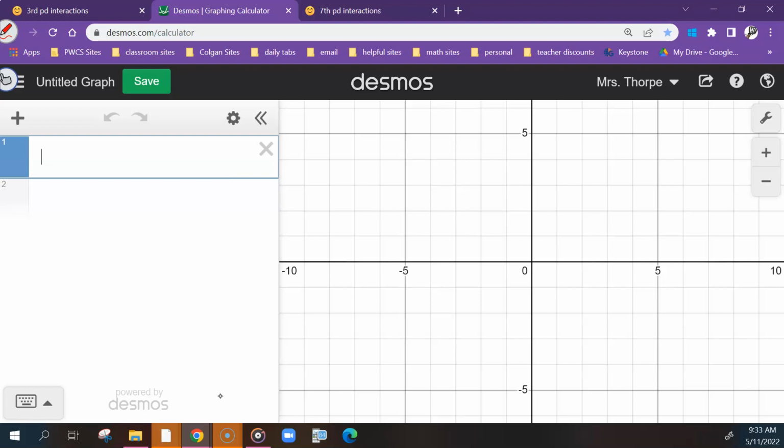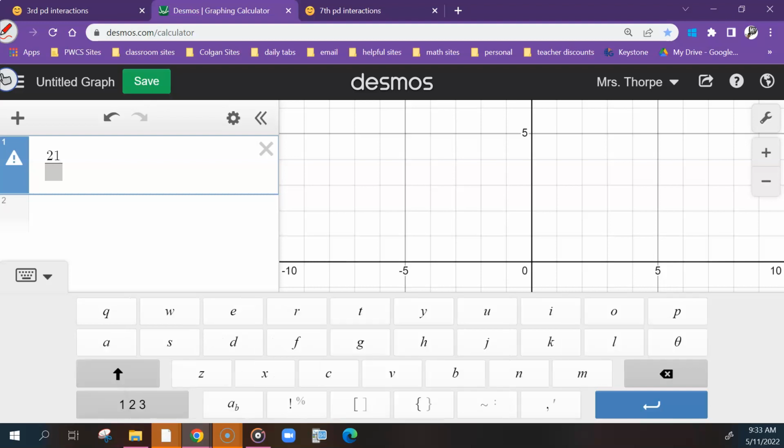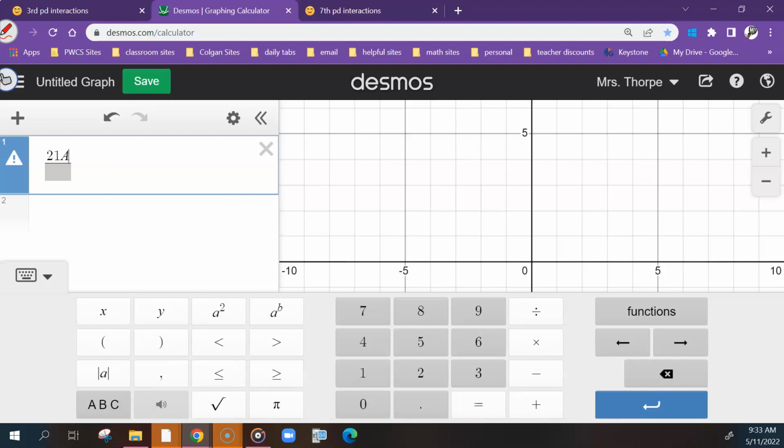So for 13, this is one that has multiple variables, so we would need to put this in capitalized. Fraction first. This would be 21a to the third. This is how we type this, better, faster than I could do this.